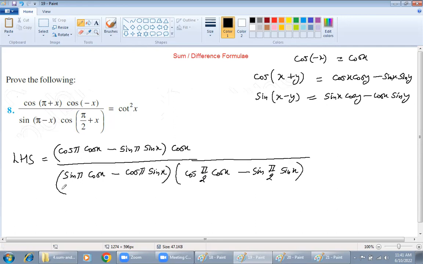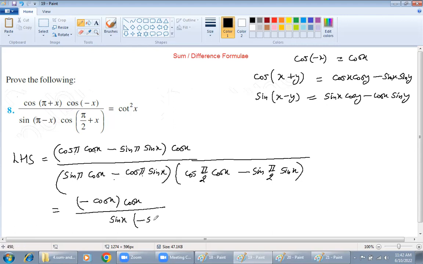Now cos pi, you remember it is minus 1. So it is minus cos x. Sine pi is 0. So this is only left minus cos x into cos x divided by sine pi 0, and cos pi is minus 1, minus and minus becomes plus. So this is sine x, and cos pi by 2 is 0, sine pi by 2 is 1.